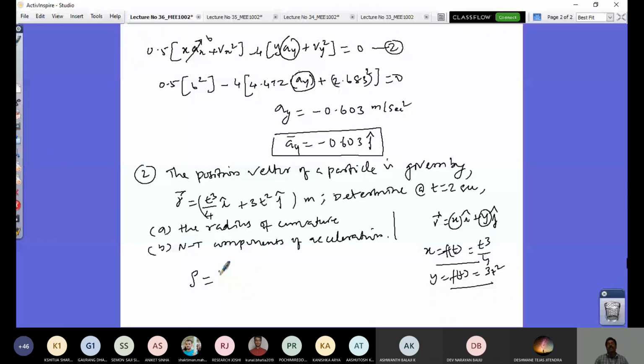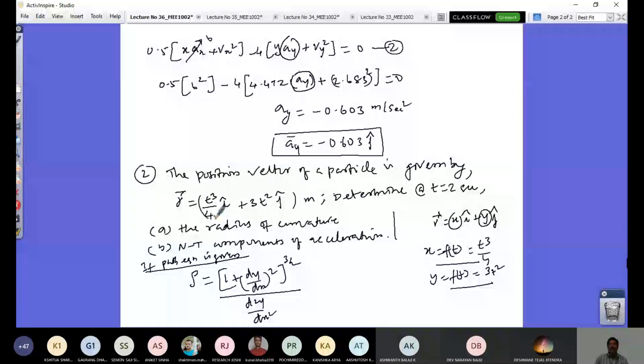Here the coordinate variation is a function of time. That is where you are given the state equation, and dr by dt is my velocity vector, and dv by dt is my acceleration vector. If I know my velocity and acceleration vectors, I can also find rho simply. In the last class we looked at the relationship.